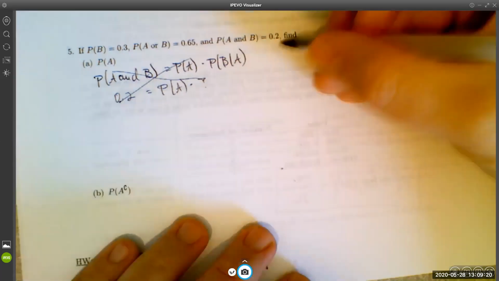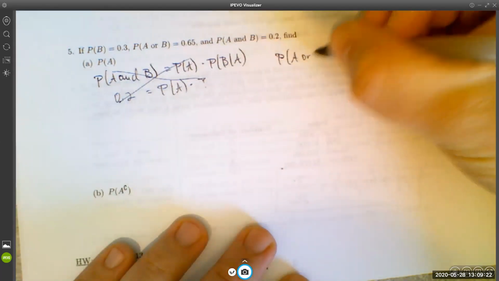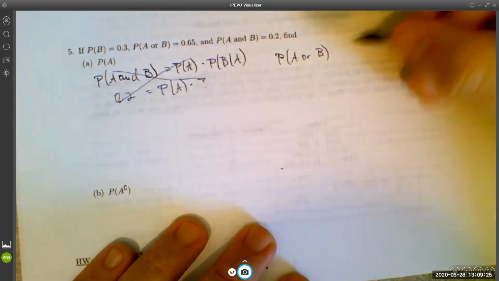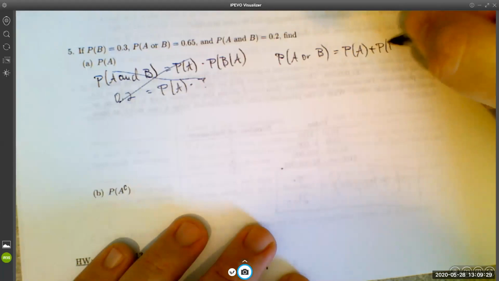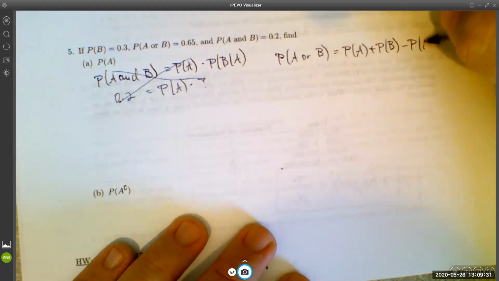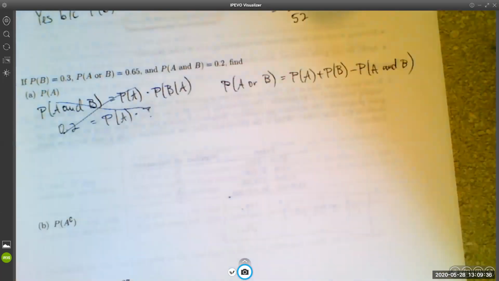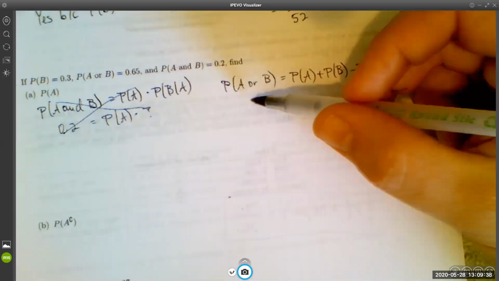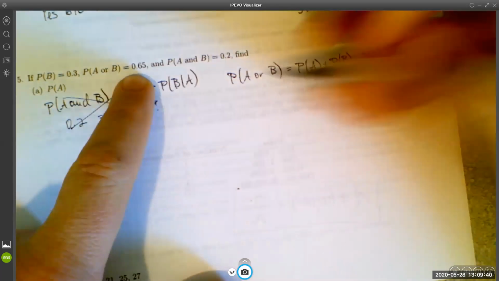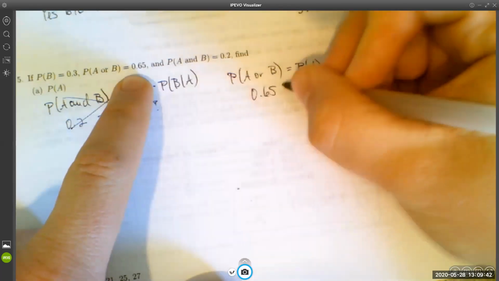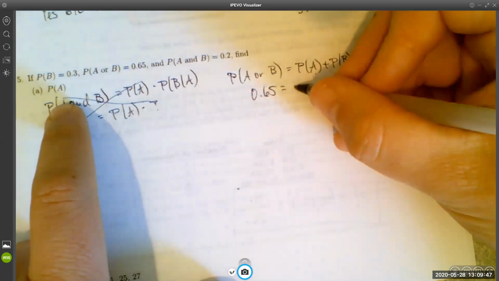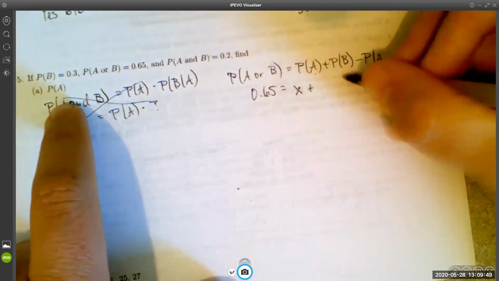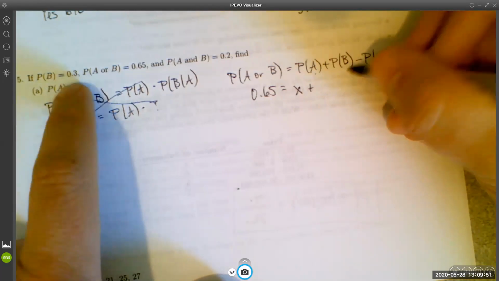Maybe I'll try to use probability of A or B. The formula for that is probability of A plus probability of B minus probability of A and B. Let's see if I have enough information to use this one. Probability of A or B, we're told, is 0.65. Probability of A, we're not told. I'm just going to call it X. Probability of B, we're told, is 0.3.